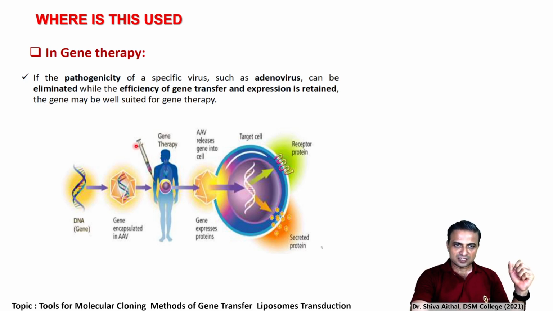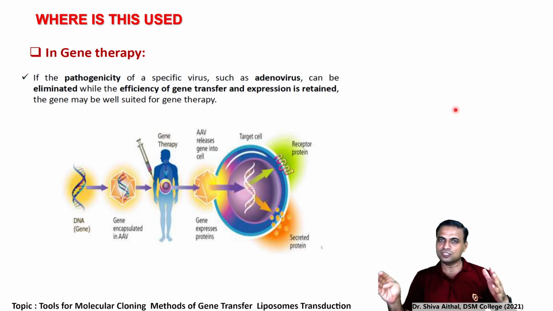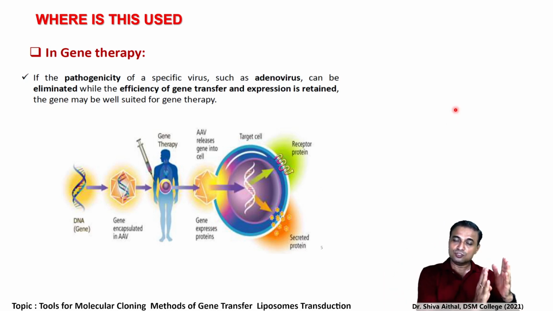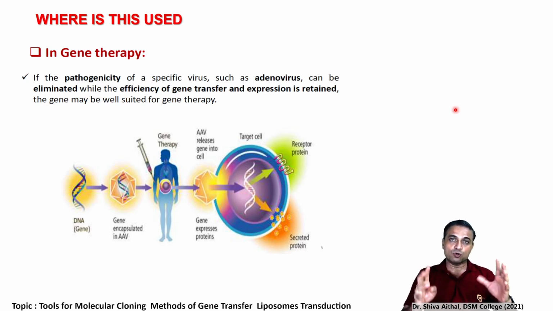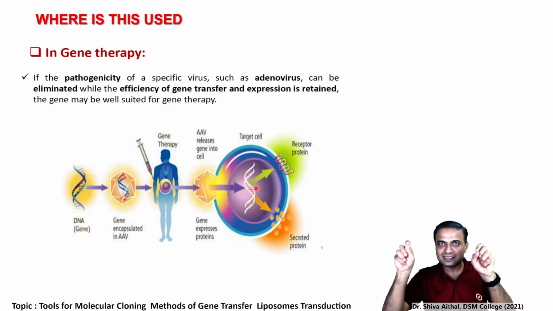Now these viruses are injected just like vaccines, and they target the cells. Let us say in the case of cancerous cells, your gene of interest has a capacity of forming a messenger RNA and a protein which can destroy the cancer cells. So this DNA is targeted to the cancer cells only.